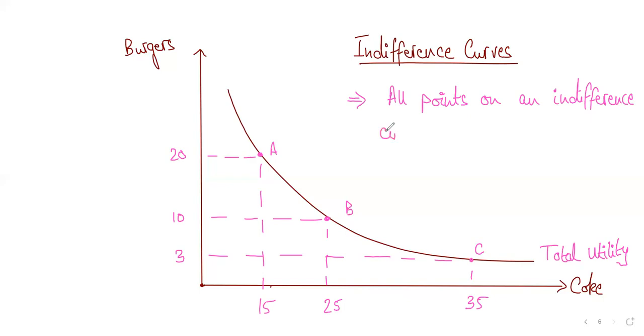Indifference curve provides the consumer the same level of utility. Is everyone clear on this, right? So you are indifferent. That's why it's known as indifference. What does the word indifferent mean? Indifferent means that you're equally good.